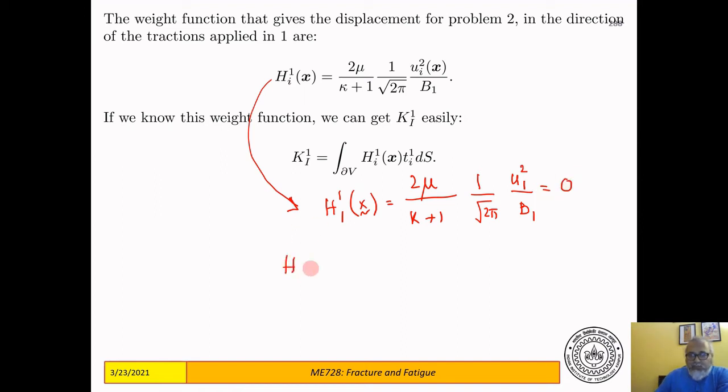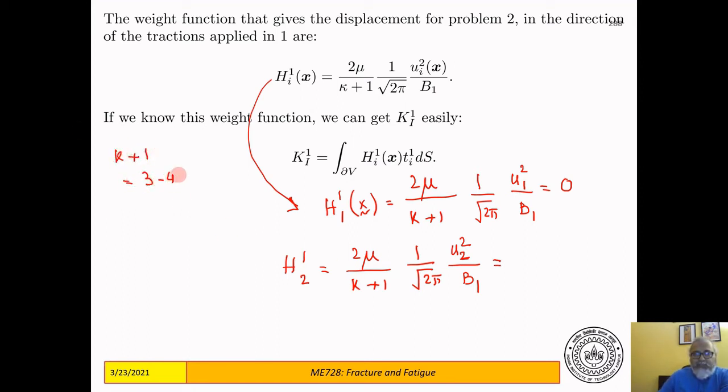However, h21 is equal to 2 mu by kappa plus 1. Kappa plus 1 for the plane strain case is 3 minus 4 nu plus 1, which gives you 4 into 1 minus nu.